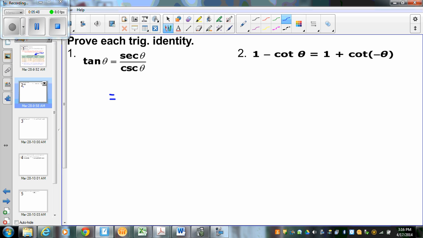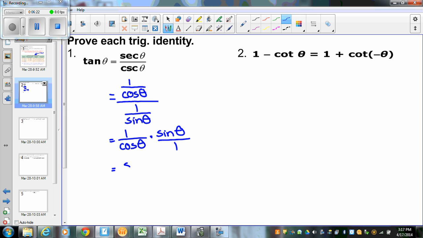9 times out of 10, the best way to approach one of these identity problems is to try to rewrite everything as much as possible in terms of sine and cosine. So secant, for example, is 1 over cosine theta. And cosecant is 1 over sine theta. So that means that this problem is really 1 over cosine theta times sine of theta over 1.